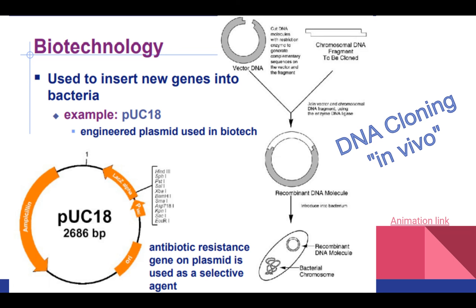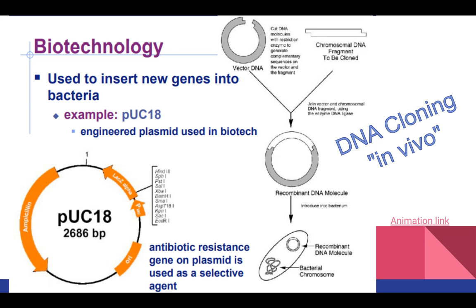And so doing this, inserting a new gene into a plasmid, we call this making a recombinant plasmid. We use the word recombinant anytime we're kind of combining different bits of genetic information into one strand, like crossing over forms recombinant chromosomes. Here we're inserting a new gene into a plasmid to make a recombinant plasmid.